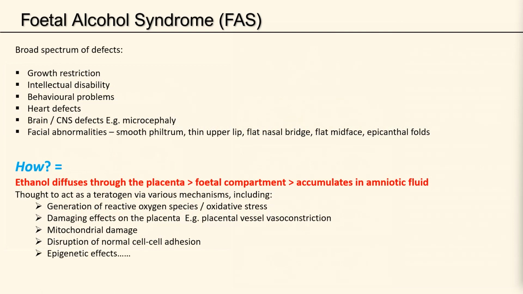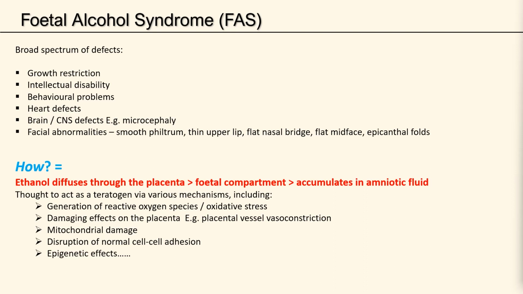So up to now, all we've really looked at with regards to fetal alcohol syndrome is the phenotypic presentations, but this is not where the story ends. We can have a broad spectrum of defects arising through excessive alcohol consumption whilst pregnant. Once again, I'll make the point that the severity of this spectrum is directly correlated to the concentration of alcohol consumed throughout pregnancy.